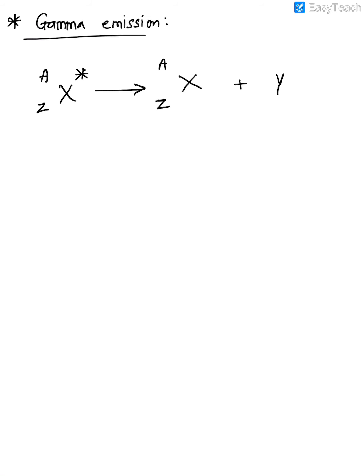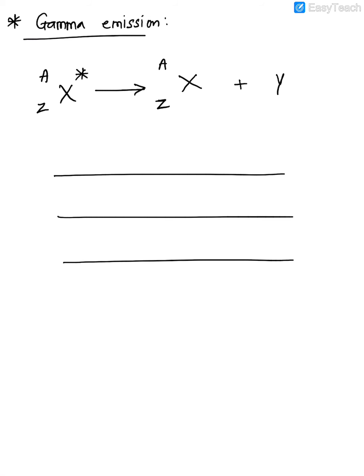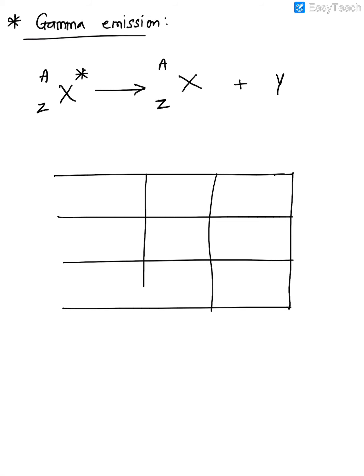I'll just write it down here only. So here you've got gamma, then beta, and then alpha, and this is about the atomic mass and the atomic number.